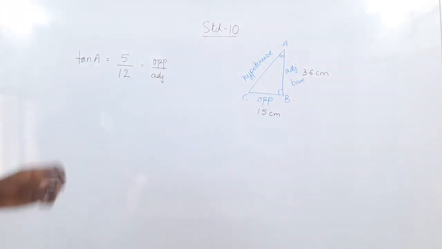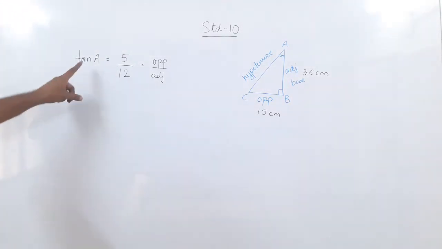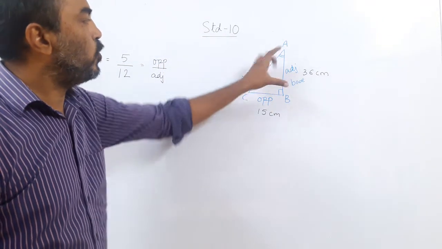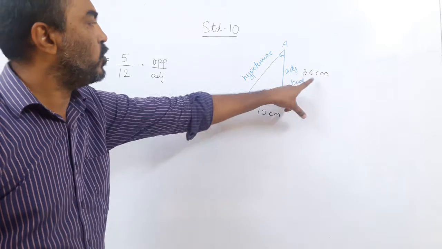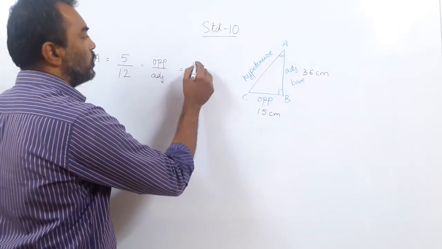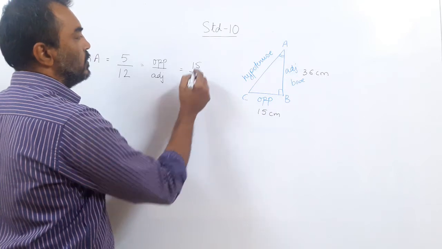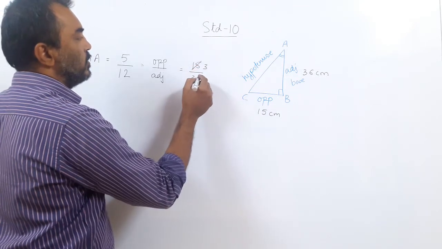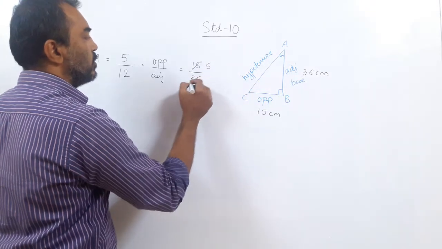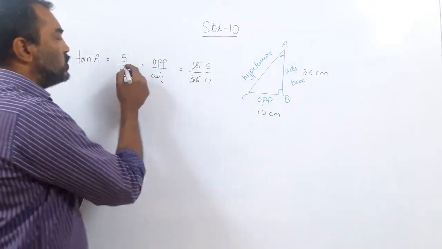So what do you get? Tan of angle A is opposite side upon adjacent side, so 15 upon 36. 3 5s are 15, 3 12s are 36. So you got the ratio 5 upon 12.